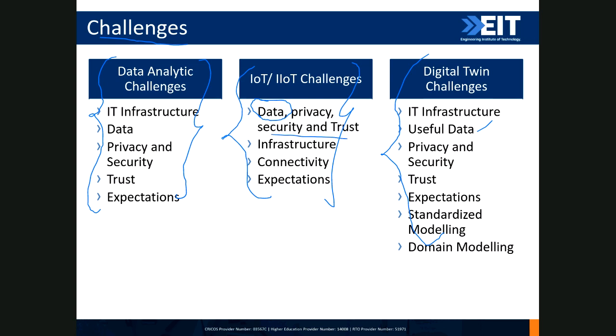Apart from that, we have IT infrastructure challenge. So basically, the infrastructure currently in place is behind due to that really rapid growth which IoT technologies have observed nowadays. So that is another challenge. Then we have the challenge of dealing with useful data.